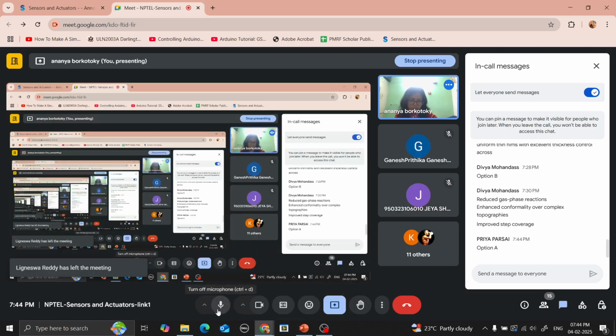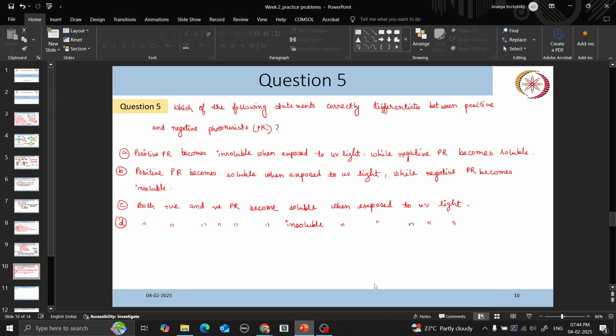Option A: positive photoresist becomes insoluble when exposed to light, and negative photoresist becomes soluble. Is it correct?